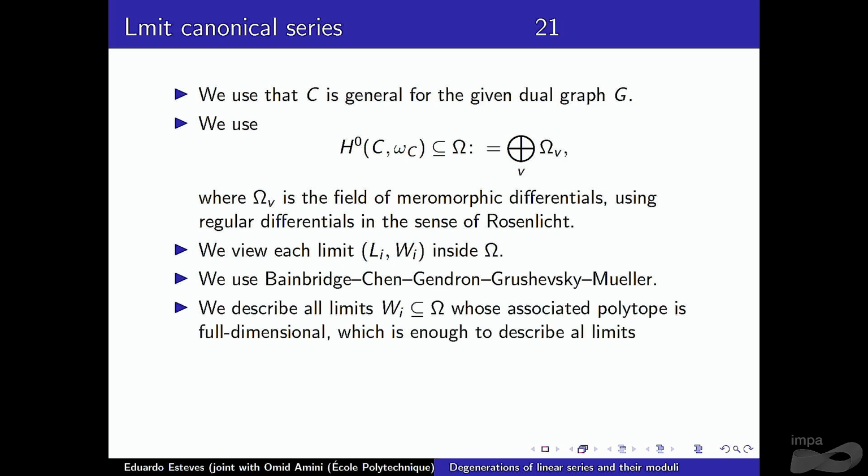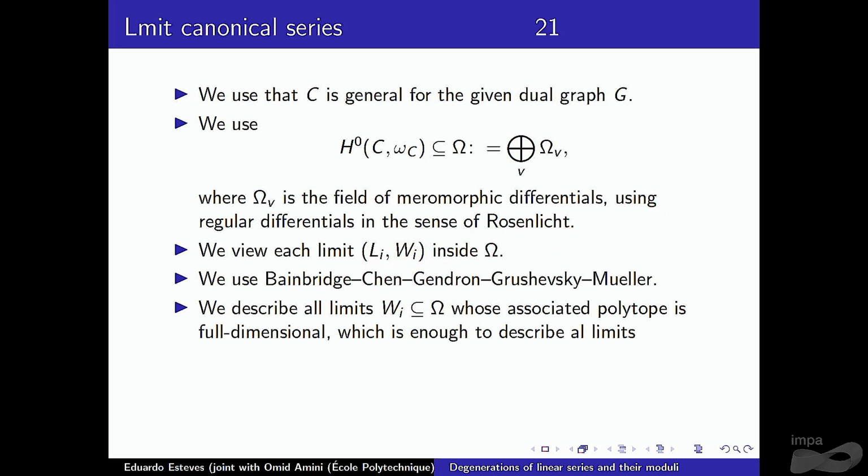And what we do is we describe the limits of all these Wi inside omega. So for each degenerating family, you have a collection of Wi's, right? And we describe all of them whose associated polytope, in the sense of Kapranov, is full dimensional. And from that, we get all possible limits. And we went further.